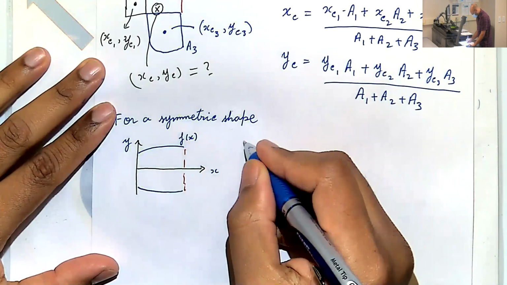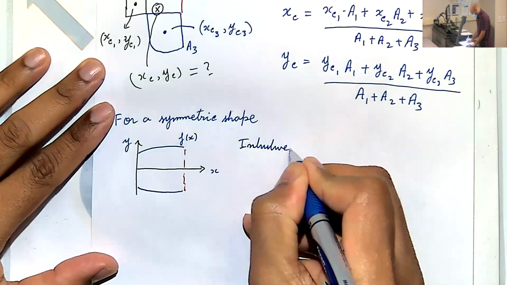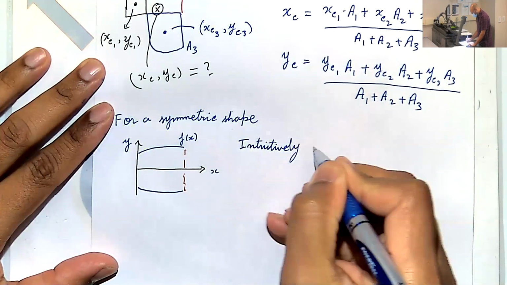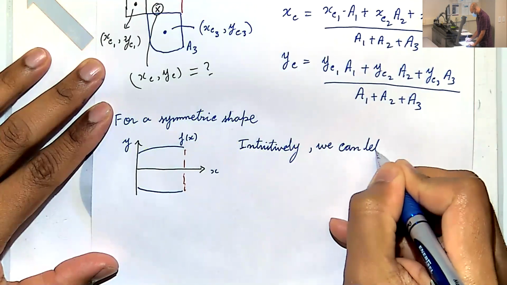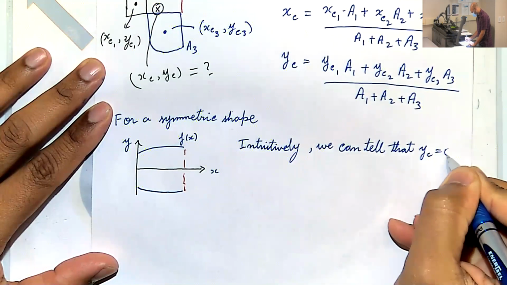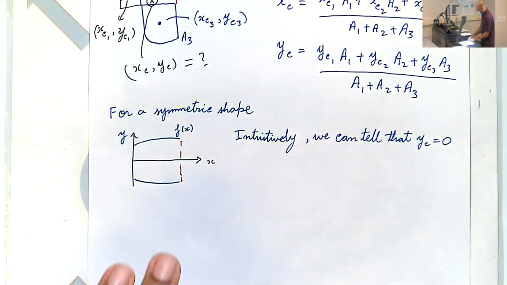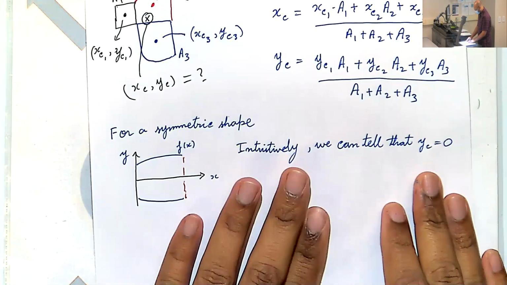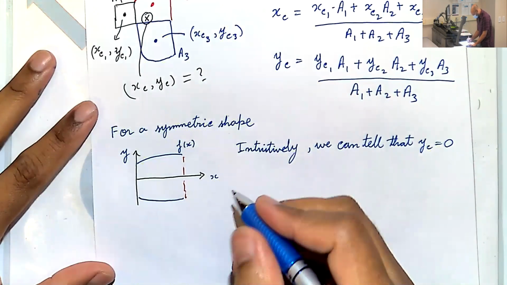So intuitively, we can tell that y centroid is 0. Okay, x centroid we don't know, so we have to compute it. And if ever you're in doubt, you can of course do the full integral.